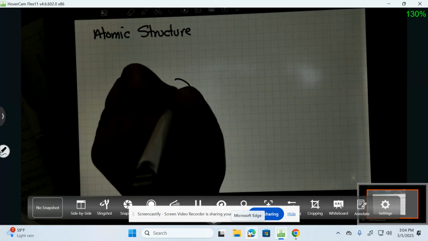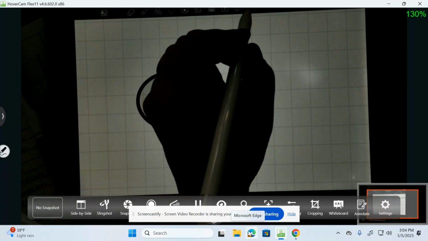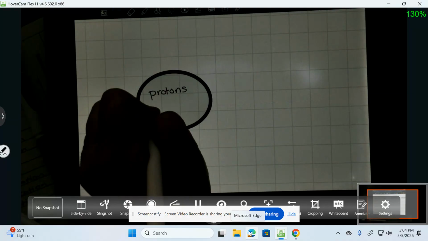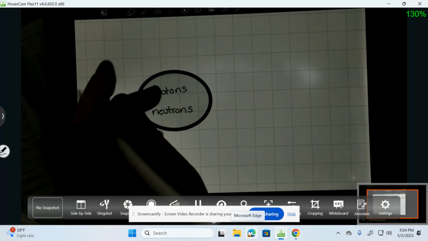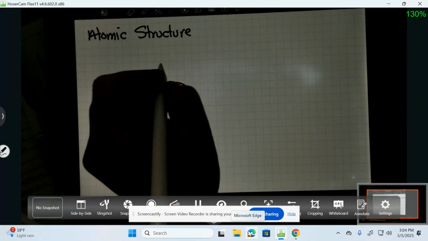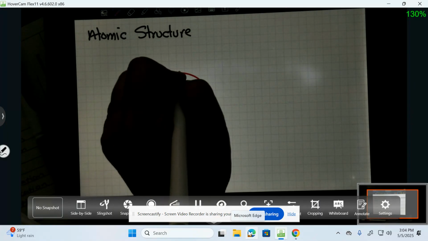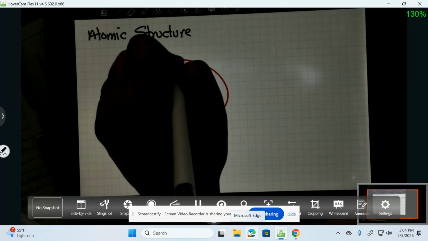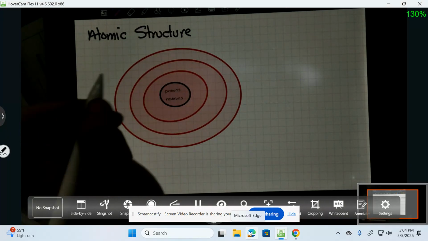You've got a nucleus. Inside the nucleus, you have protons and you have neutrons. Outside of the nucleus, I'm going to make them red. I'm drawing them like Bohr diagrams because it's just easier for me than in a modern model.